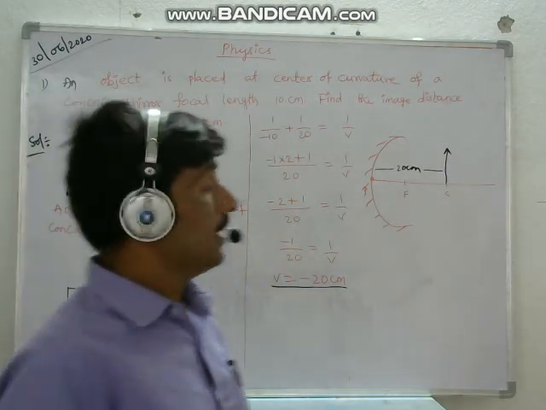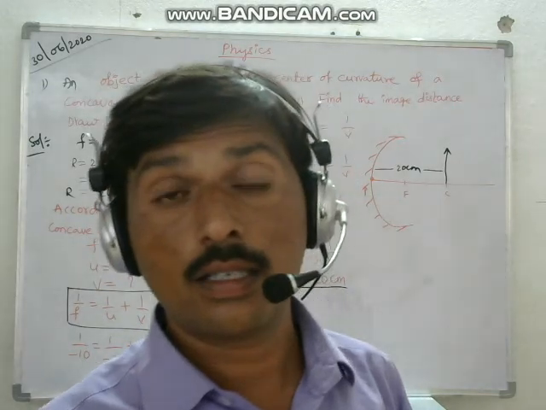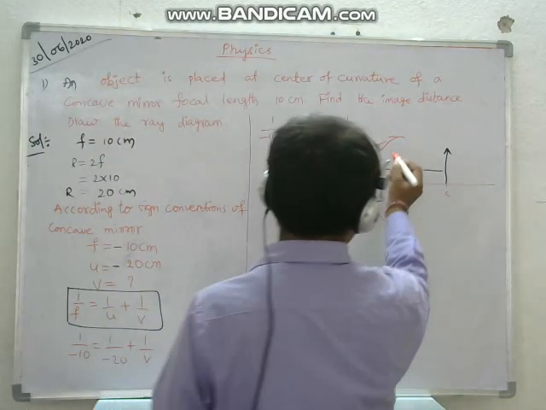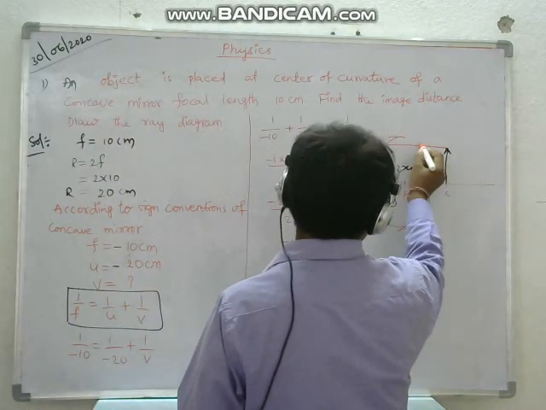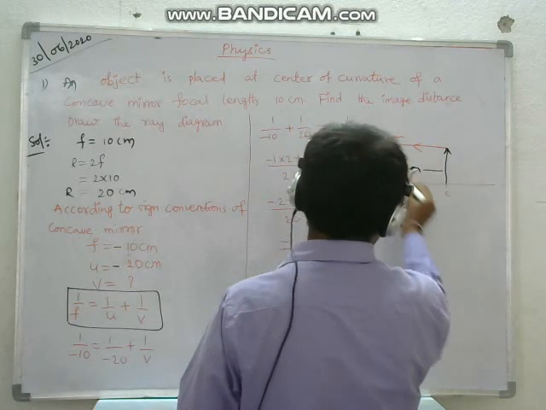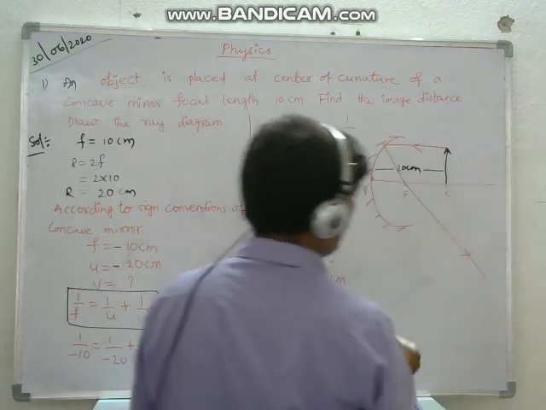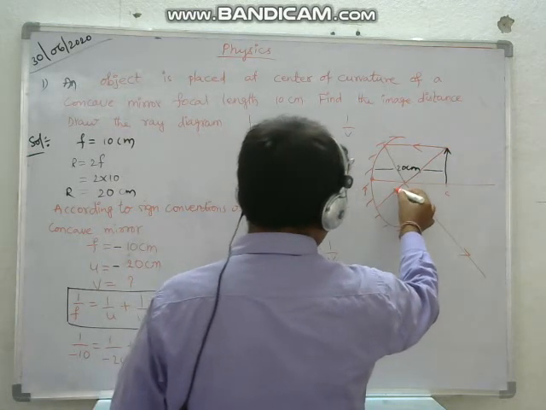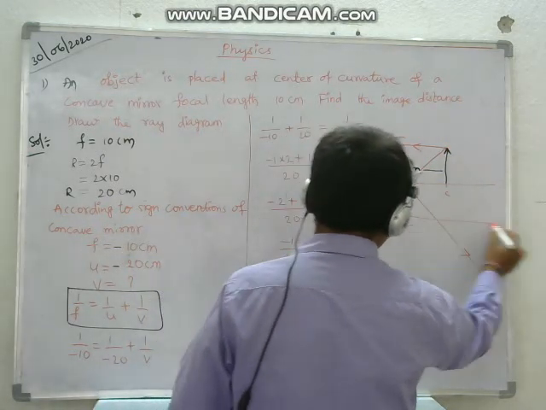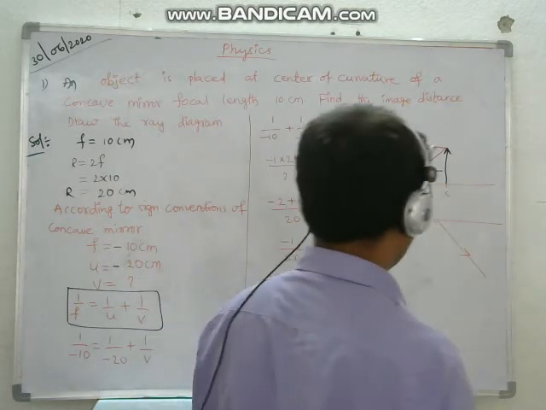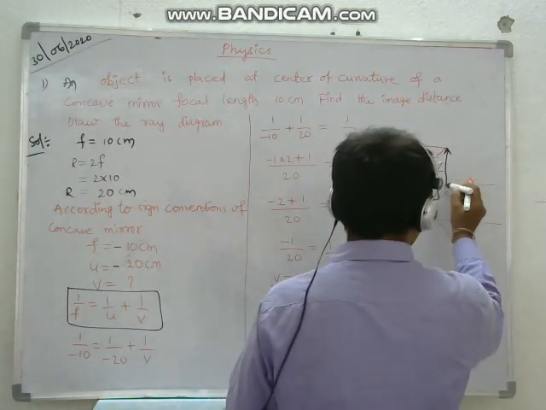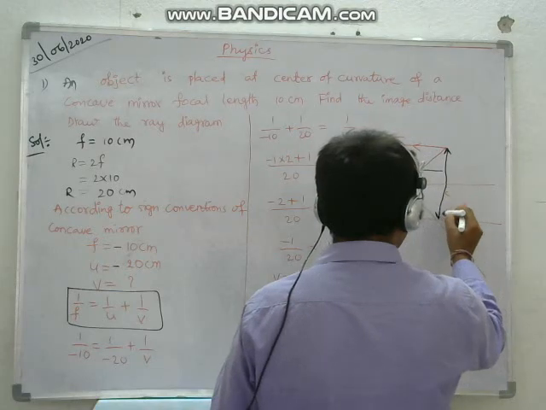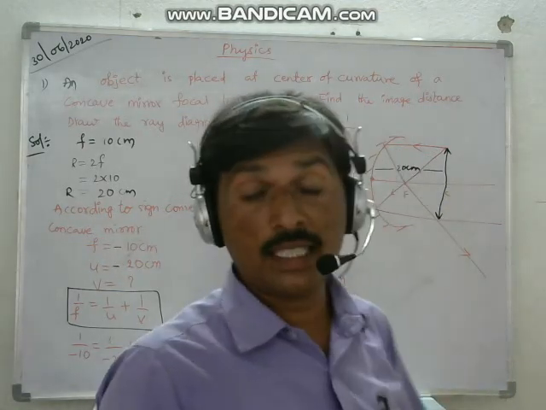So let me take some of the rules to draw the ray diagrams. First one is a ray parallel to the principal axis, which passes through the focus, and the next rule is a ray passing through the focus, which becomes parallel to the principal axis. Based on this, we get the image at C itself. Which type of image is it?